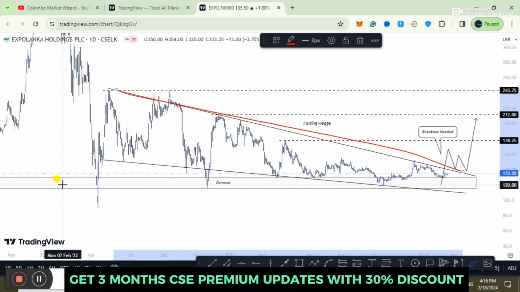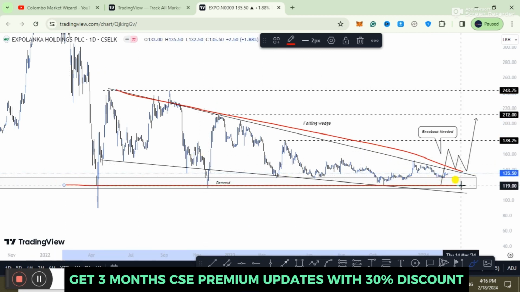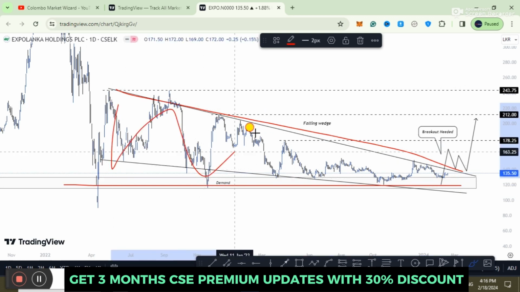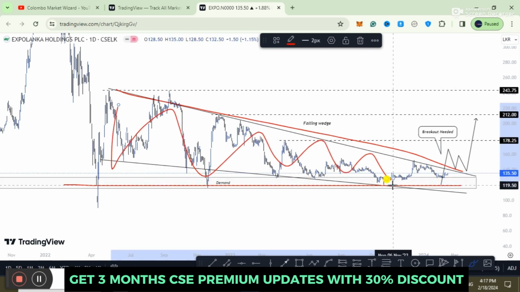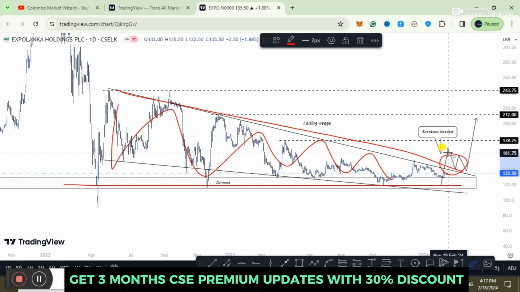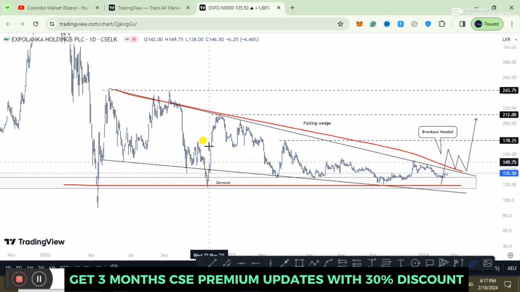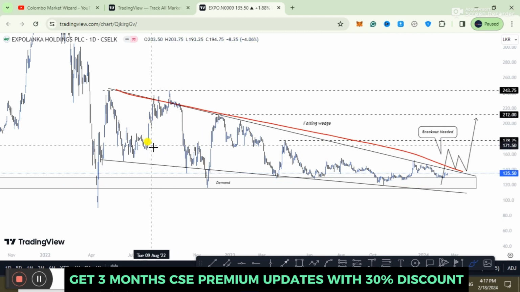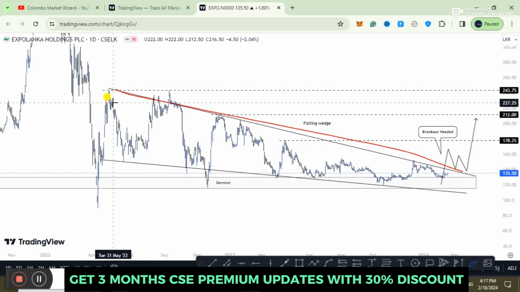And right now we also have this support or demand zone, so that is basically a descending triangle, and we are waiting for the breakout confirmation, right? So as if we are looking for a possible falling wedge pattern, it is also very clearly giving us a falling wedge pattern as well.